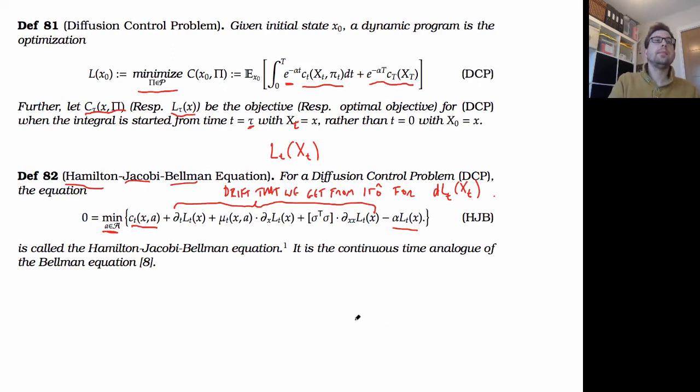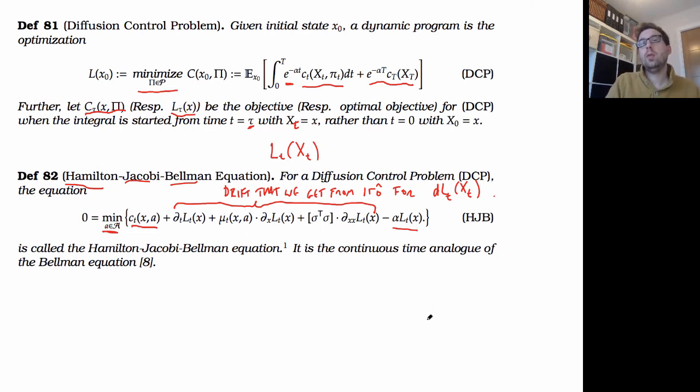Now this is called the Hamilton-Jacobi-Bellman equation, and it's a continuous analogue of the Bellman equation for a Markov decision process. What I'm going to concentrate on doing is explaining again, in similar terms to the way we did for a continuous time dynamic program, why this HJB equation makes sense.